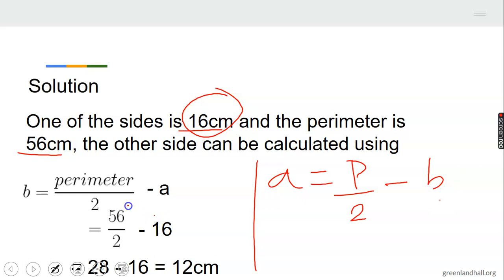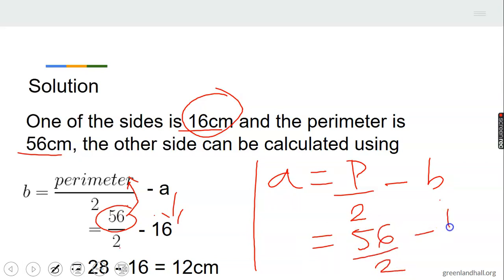Now, 56 divided by 2. 56 is our perimeter, while A is the one side that was given. But here I can also say 56 over 2 minus 16. In both cases, you see you have the same answer. 56 divided by 2 is 28.